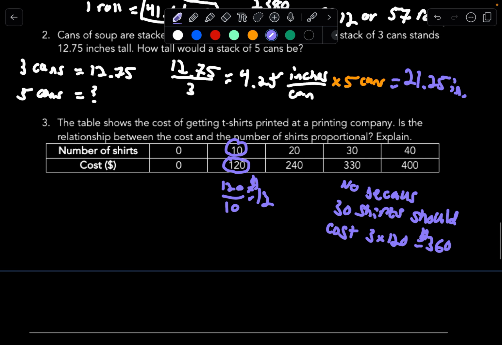And that's not equal to what's given as 330. So they're not proportional. All right, and there you go.